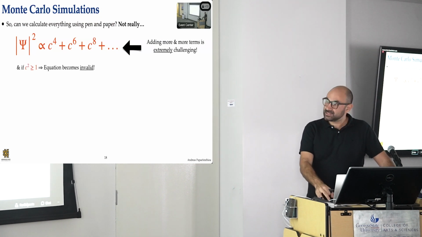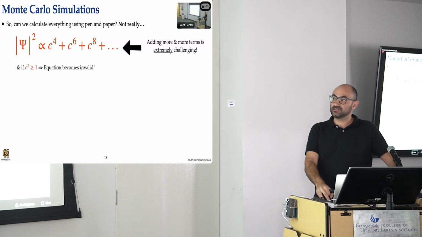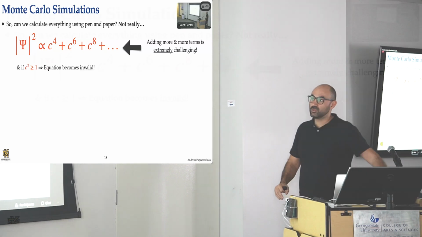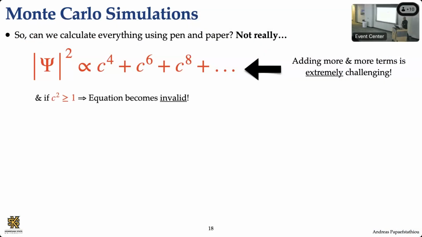The other problem is, I mentioned that you can only truncate this series if C squared is less than 1, but sometimes this truncation is not valid because C squared becomes greater than 1 or equal or close to 1. So what is the solution? Well, you can basically consider many of these terms approximately.